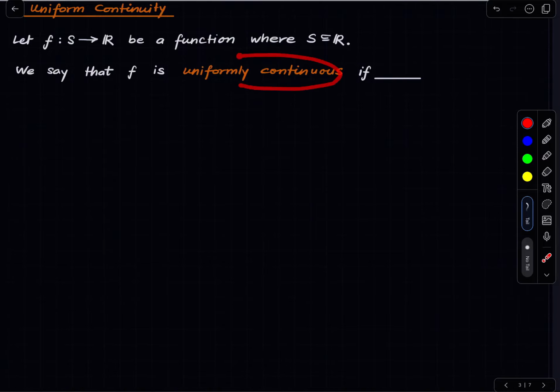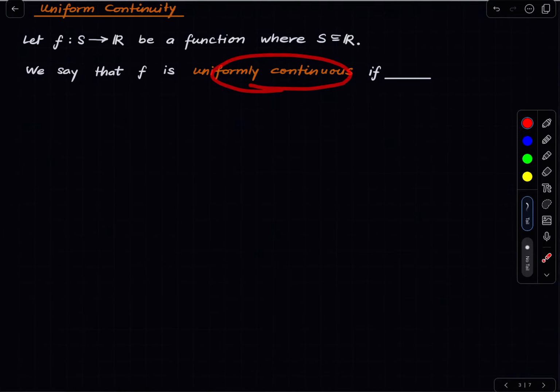So let us define the notion of uniform continuity. We are given a function from a subset S of reals to reals. And we say that f is uniformly continuous if, roughly, the same delta works everywhere. Roughly, that is the idea. But what is the formal definition?